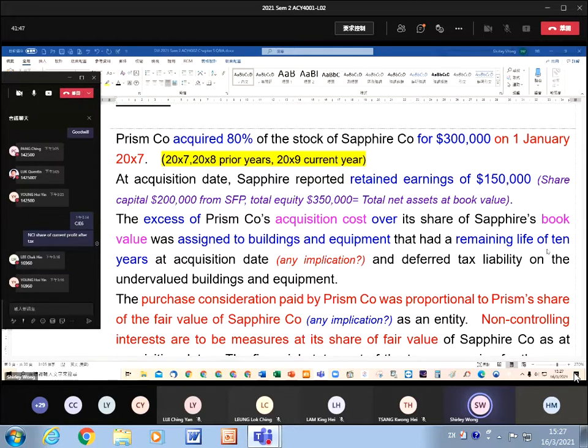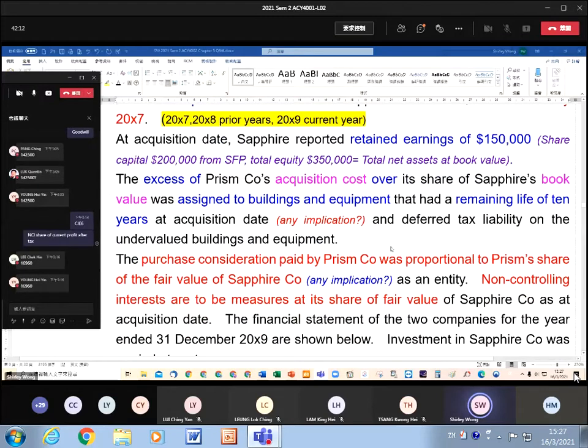Therefore, there is a difference, and we need to make up that difference by increasing the depreciation, by debiting depreciation and accumulated depreciation, to make the depreciation based on fair value rather than book value. So this third paragraph gives you the information about the fair value difference and also the excess depreciation we need to perform.